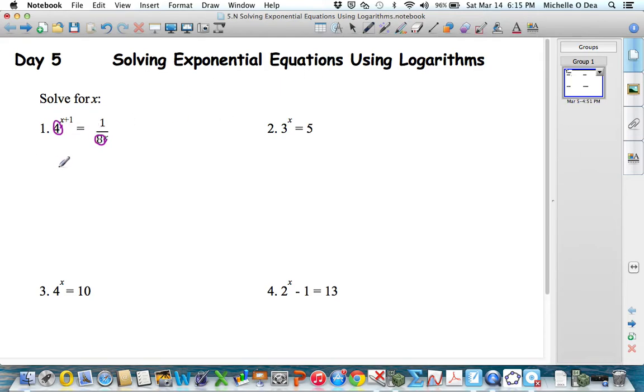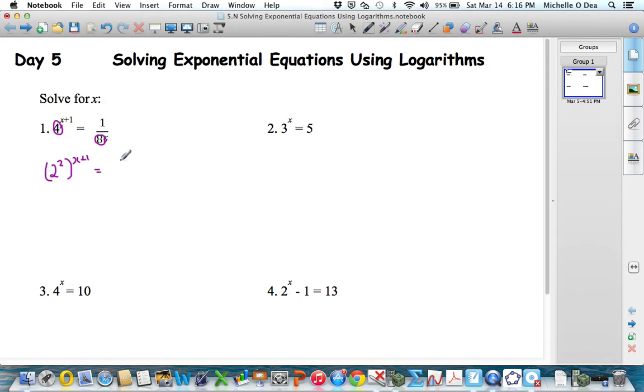So we know that 4 is 2 to the power of 2 and 8 is 2 to the power of 3. So straight away I could rewrite that 4 as 2 to the power of 2, leaving the exponential part exactly the same for the moment.